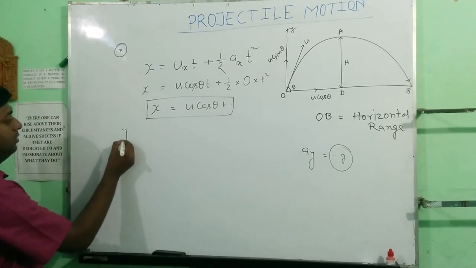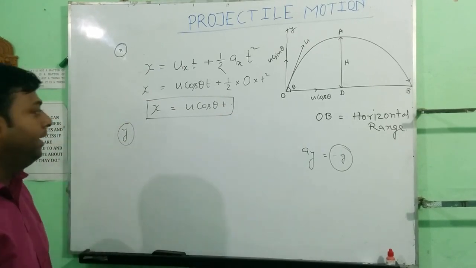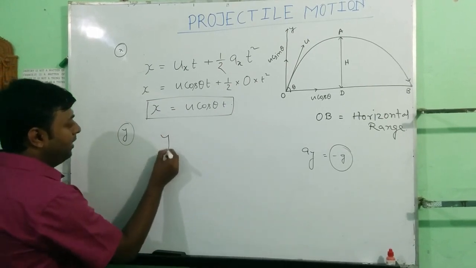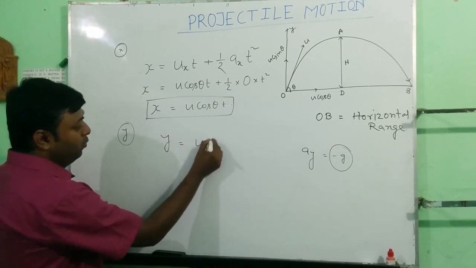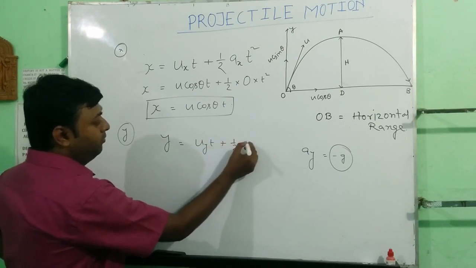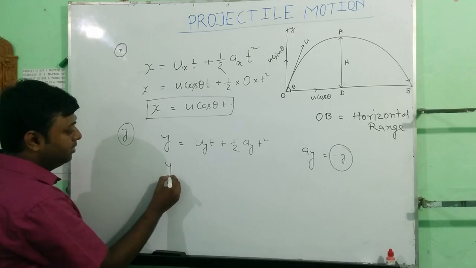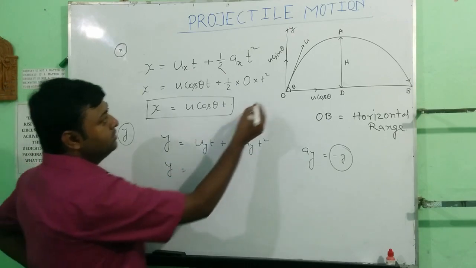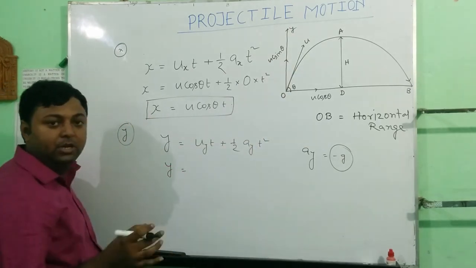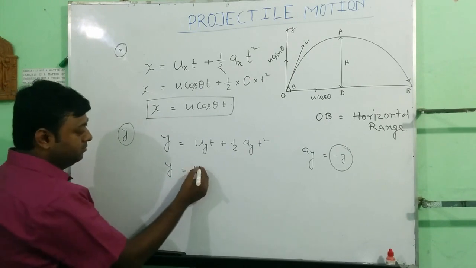Now we study the displacement along the y direction. That is y equals uy t plus half ay t square. Now uy is u sin theta, the velocity along the y direction.